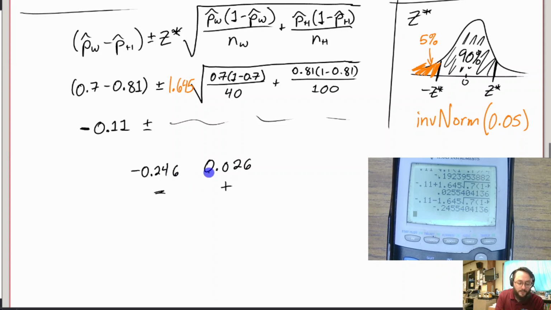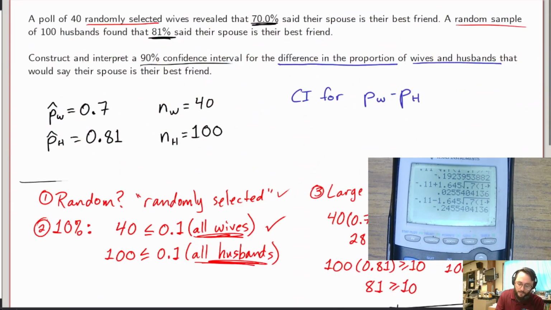So it's possible that the proportion of wives, going back up here, is greater than the proportion of husbands who say that their spouse is their best friend, in which case this would be positive. It's possible that they're the same, because if these two numbers are the same, that's going to be equal to 0.